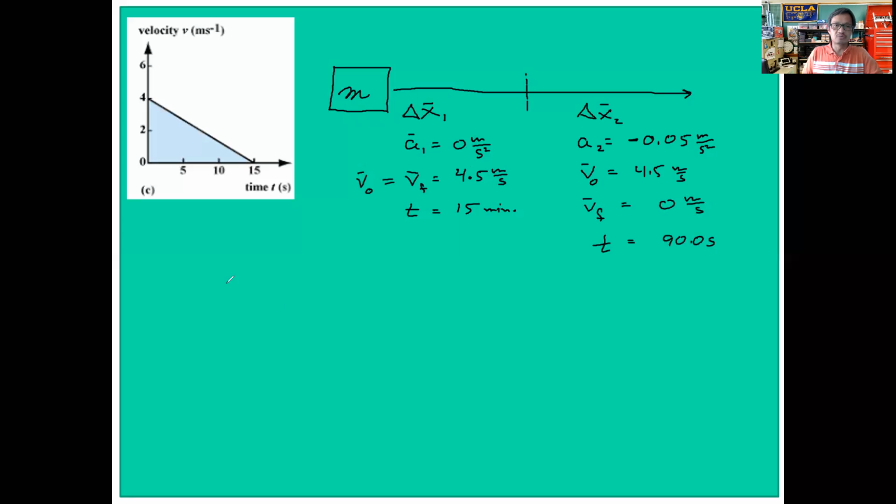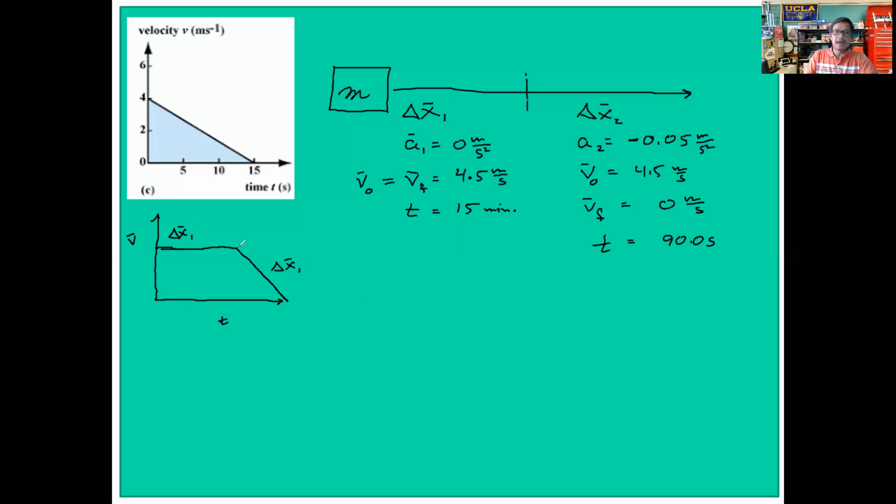I think the way we can draw this graph more accurately, if we were to draw the velocity-time graph for the way this runner moves, so this is velocity over time, we can imagine that he moves this way, constant velocity initially, and then he starts to slow down. So that would be how we describe this motion. This represents displacement 1, and this represents displacement 2. And you have to be able to do that as well.